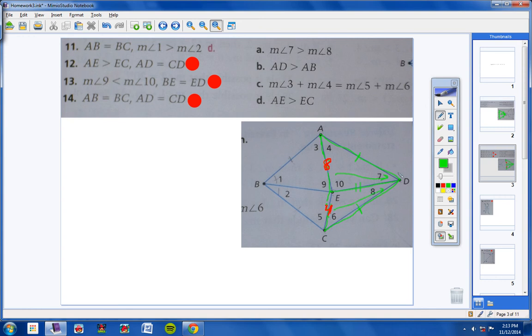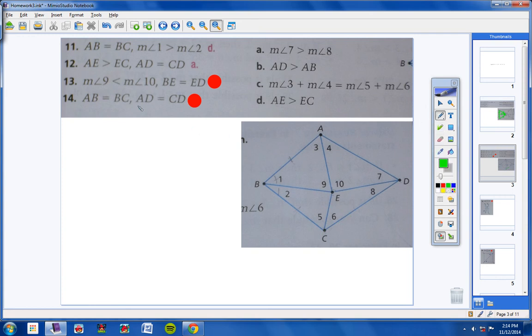So this angle here, I'm going to put a little dot here, is bigger than this angle here with two dots. Okay? So we're talking about angle ADE. We have a number here, angle 7. So angle 7 is greater than angle 8. Here's angle 7. Here's angle 8. 7 is greater than 8. So we know letter A is true.